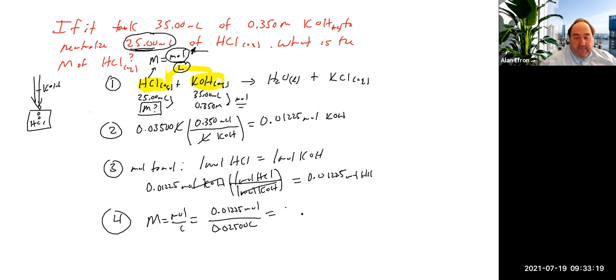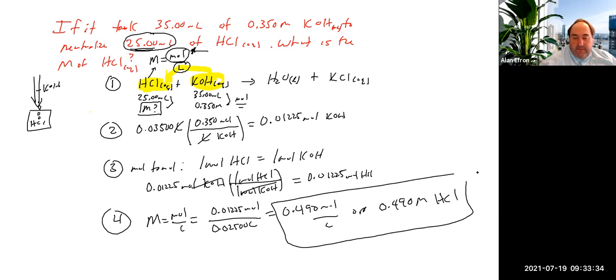It gives us 0.490 moles per liter, or 0.490 molar HCl. There you go. Thank you very much. Sorry about that, I wrote it wrong there. So that should be 0.35. And again, just add a 0 coming down. Any questions on any of those steps there?